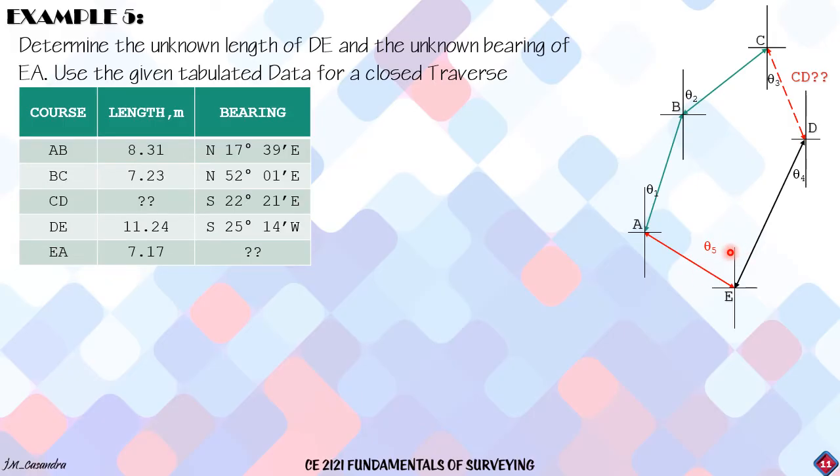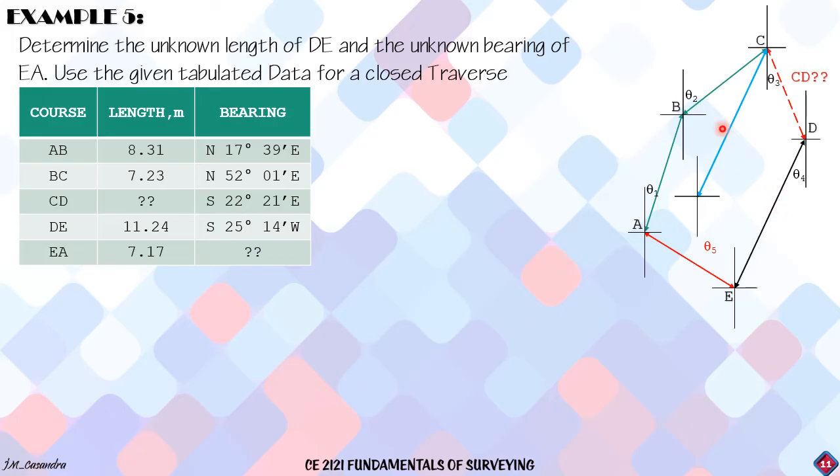Okay. So the first step is to close our traverse using our known sides. So we have AB, BC, and DE. We eliminate the unknown sides by moving line DE to a secondary position.